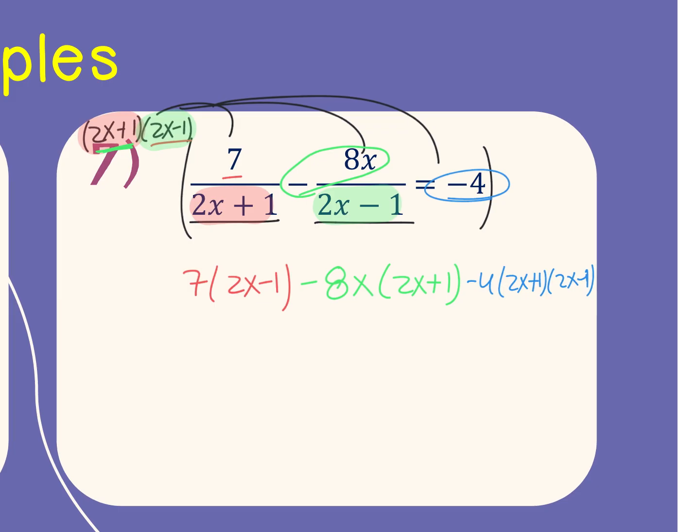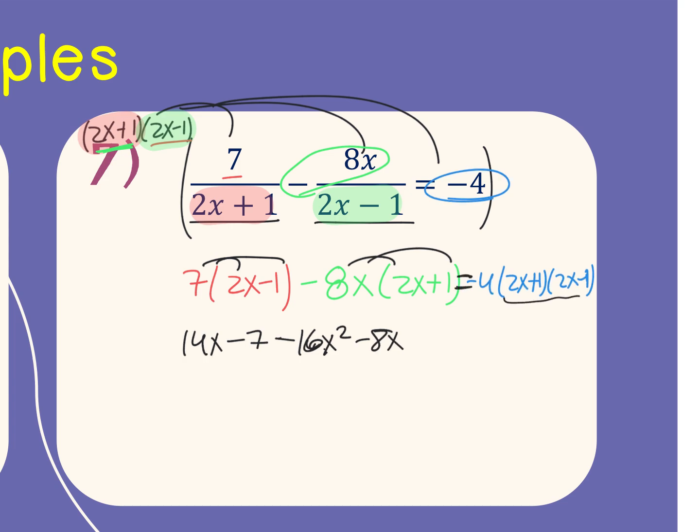All right, and then we're just going to simplify this. Distribute that 7, distribute that negative 8, and then this is going to get us a 14x minus 7, minus 16x squared, minus 8x, and then this is equals.